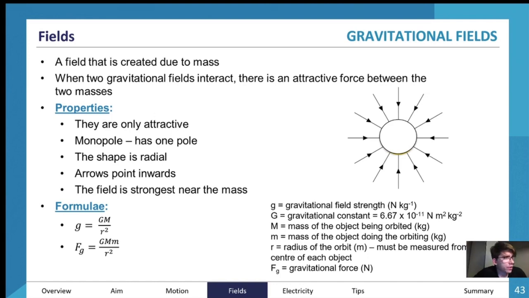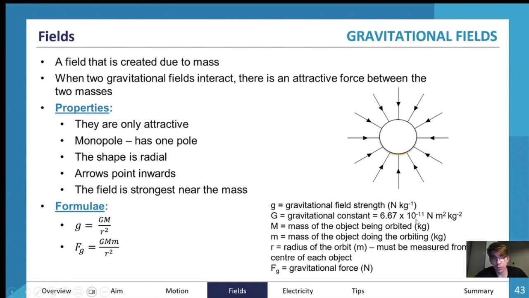There's gravitational fields, electric fields, and magnetic fields. The idea is that these fields, since they are a 3D region of space, will apply a force on any other field of the same type that interacts with them. Basically, we try and divide them into the type of interaction that they provide.